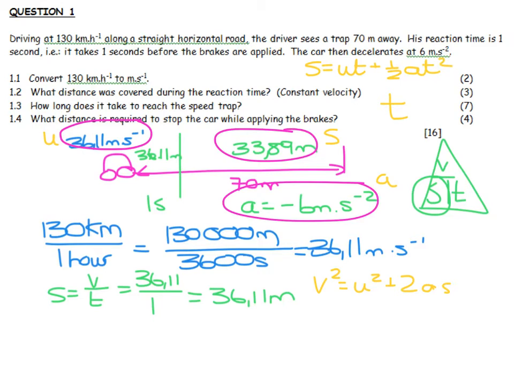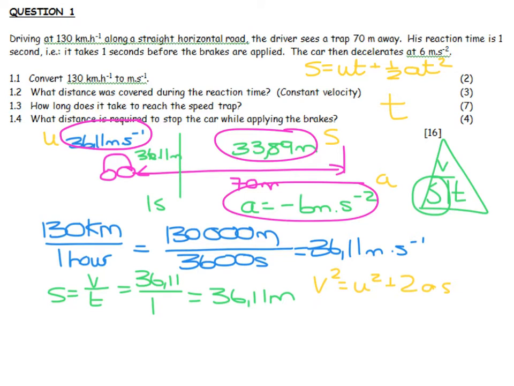If u is 0, then this whole term just disappears. But u is not 0, it's 36,11. So I'm going to have a number in there multiplied by t, and then a number in here multiplied by t squared, and that turns into a quadratic function, which is revolting to factorize. I suppose you can use the quadratic equation, but I'm going to rather first find my final velocity using a different equation of motion.